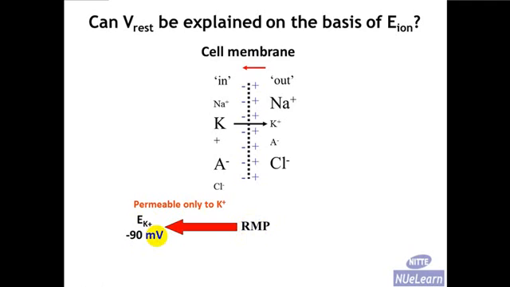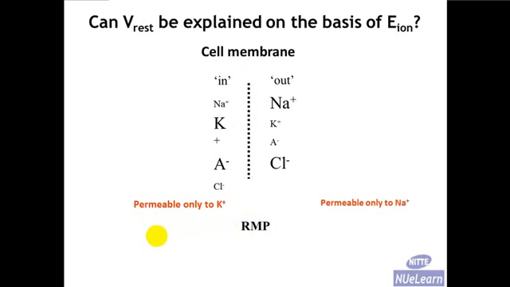However, if you add one layer of complexity to this, let us say that the membrane is permeable only to sodium, not to potassium, only to sodium. Then there will be movement of sodium from outside to inside. Positive charges move from out to in, accumulate on the inner aspect of the membrane.